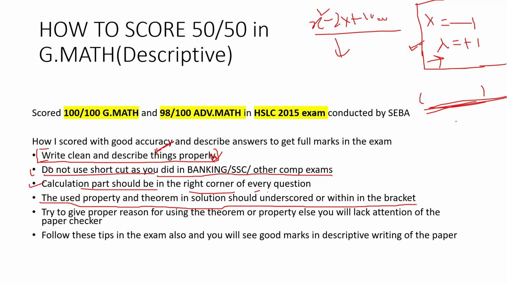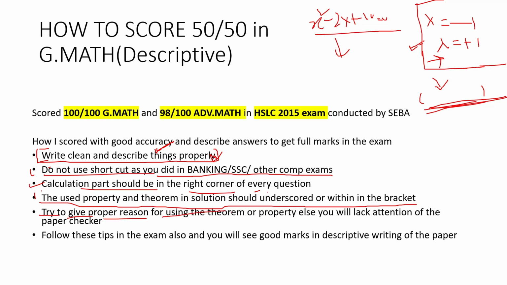That signifies your attention to the paper checker, who then allows you good marks, and catches his attention. This is the thing you have to remember when writing the answers of this paper.